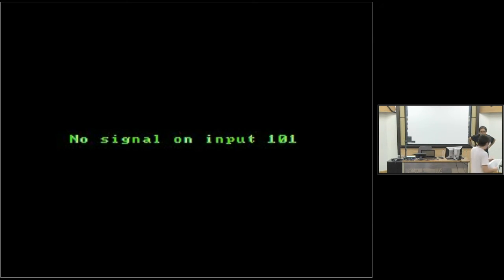For question 1, where we have the low pass.